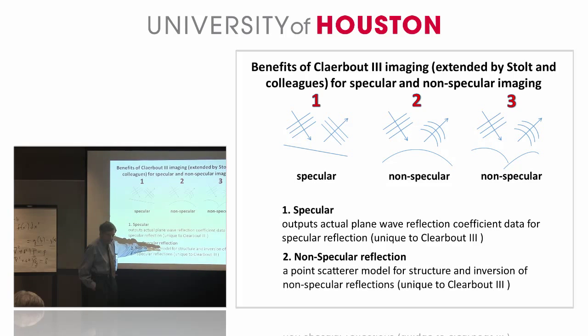Everybody understands that point? And for non-specular, it gives you a more general structural imaging model, which doesn't assume that the generator is specular, so it allows you to map it and identify changes through it.